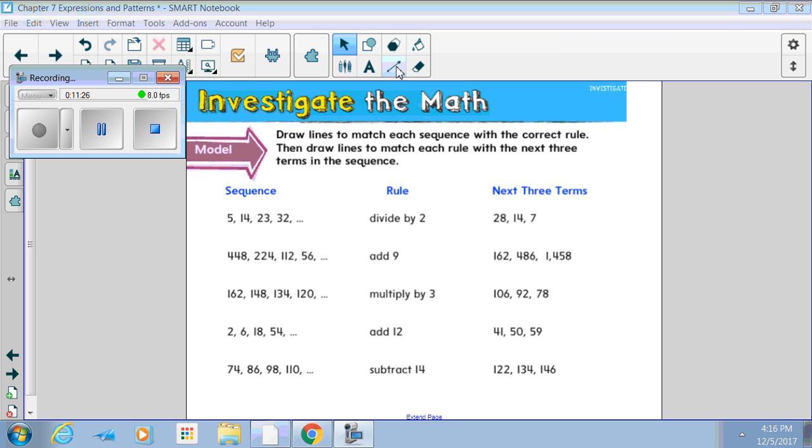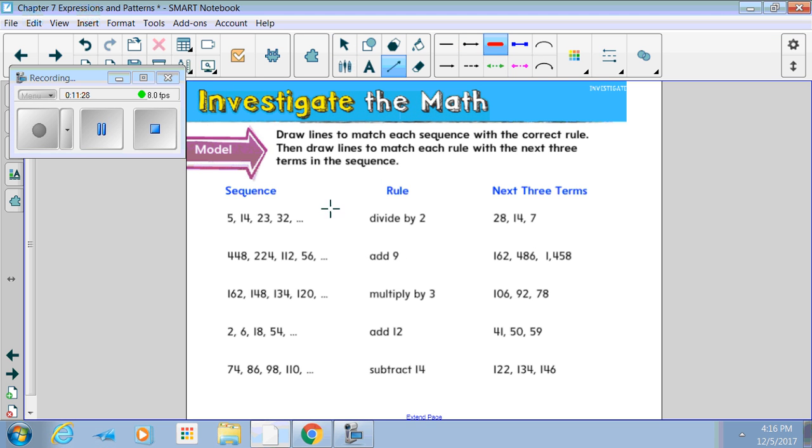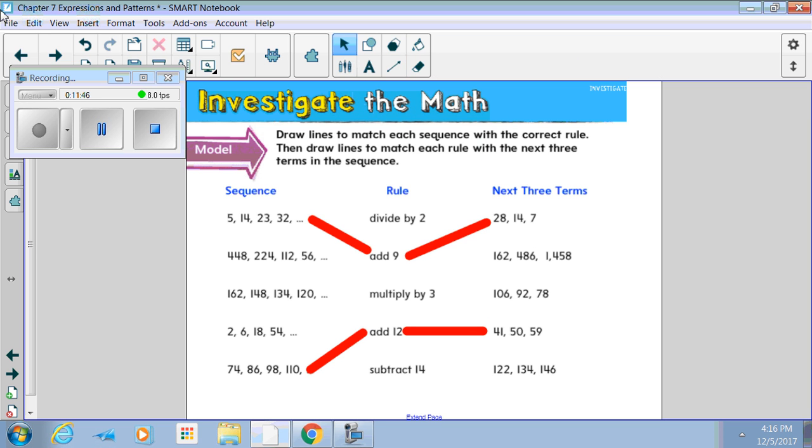So here's an example. Let's say this one goes with this one, and then these are your next 3 terms. So they should correlate with each other so that it all matches up and makes sense. Again, this will be passed out to you at the end of the class. So let's keep on moving along.